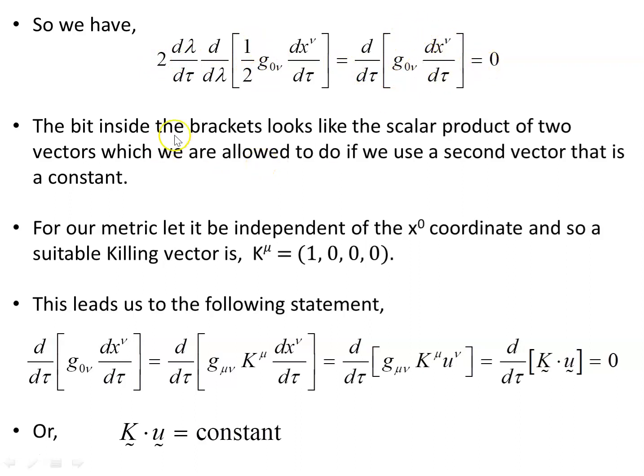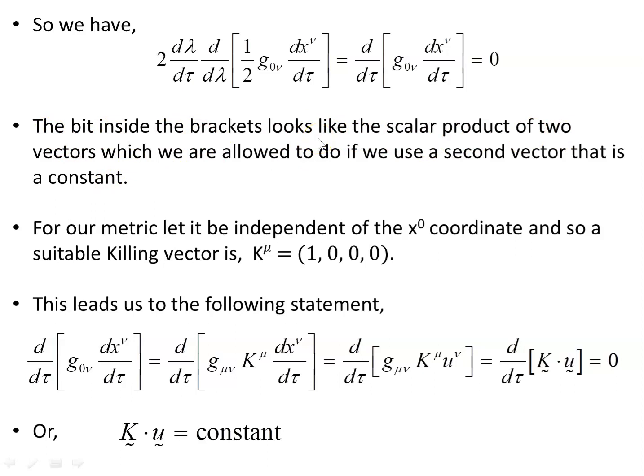Now the only value nu can be for a diagonal metric, if that's what we're working with, would be 0, and I could go straight to 0 here, but I'll just pause for a moment, because the bit inside the bracket looks a bit like the scalar product of 2 vectors.